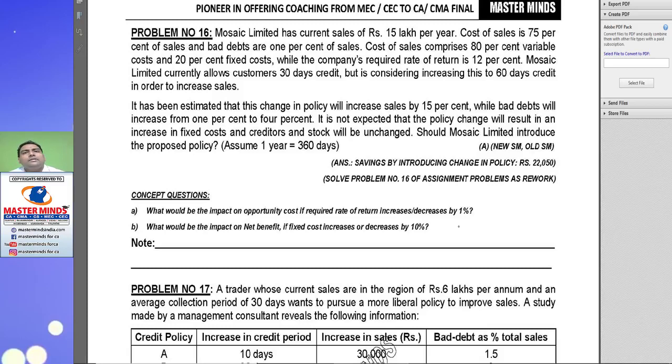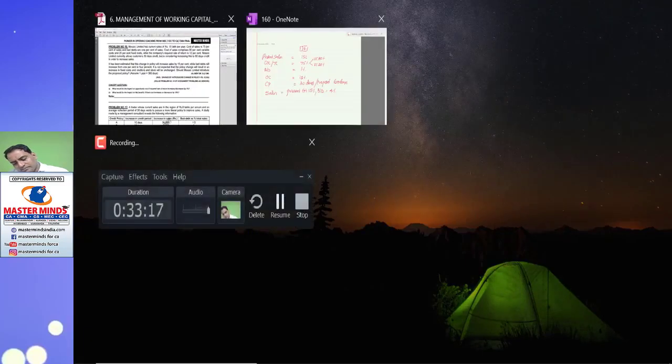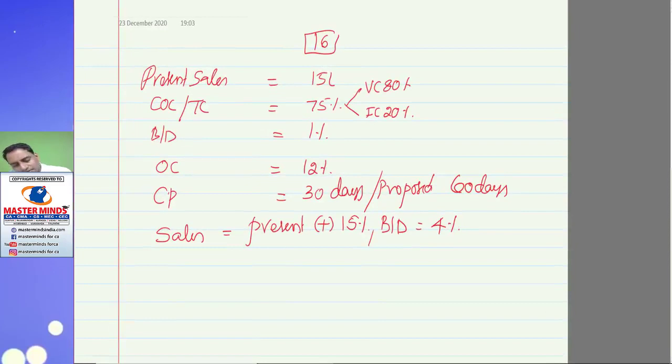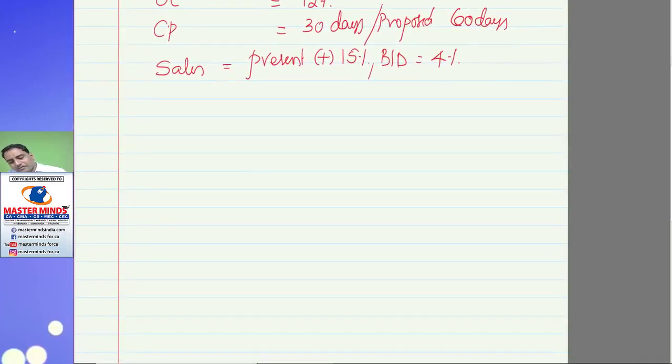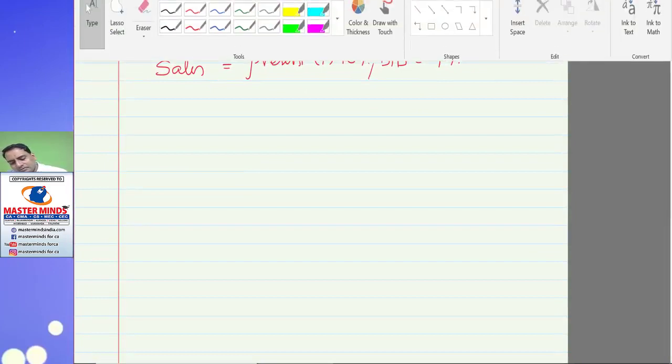In simple words, the present fixed cost is equal to fixed cost under proposed policy. So this is the preliminary data. Now, we have to decide. Right now they are allowing 30 days credit. Is it better to allow 60 days credit or not?